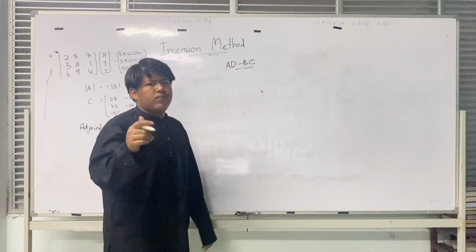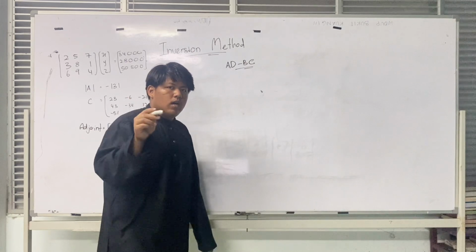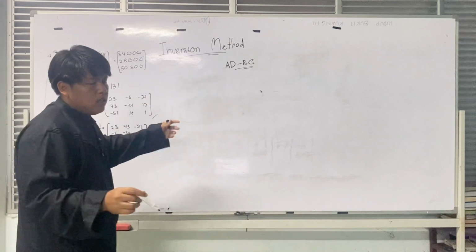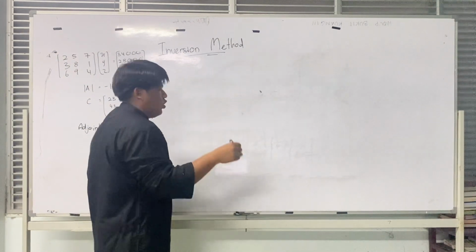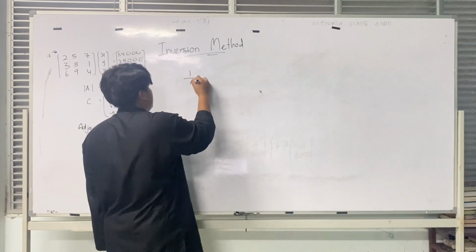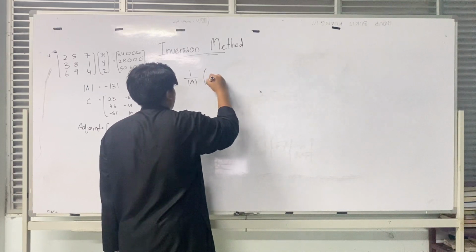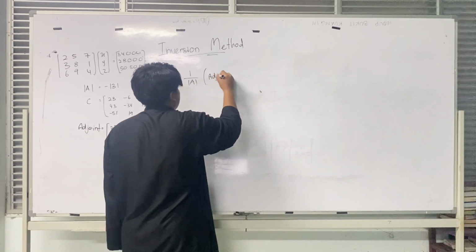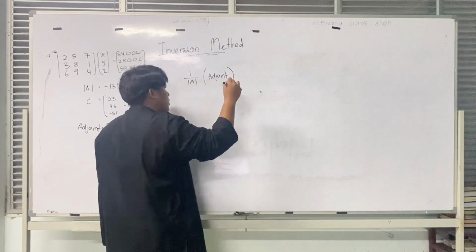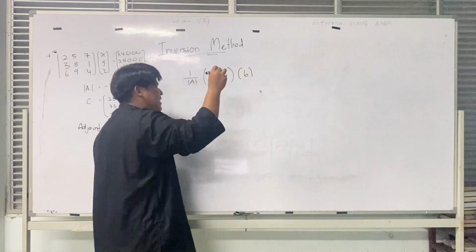For the last step, we use all the information we get and compute it in a formula. The formula is 1 over the determinant, multiplied with the adjoint, and then multiplied with B. What is B?